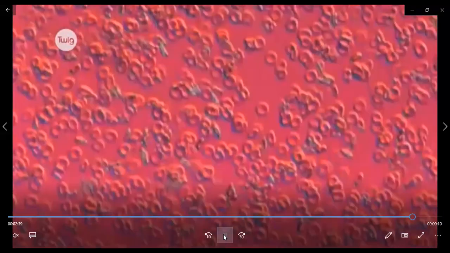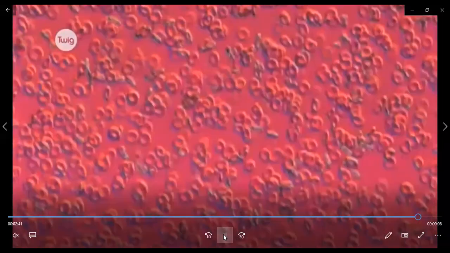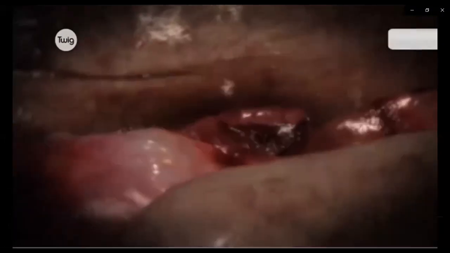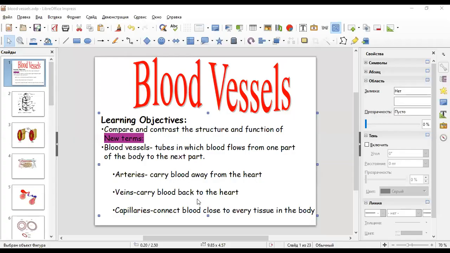It is another fluid of the blood. Red blood cells, a lot of them, 5 million in 1 cubic meter. This one is the heart. The heart is pumping. Okay, so that's all. Could you understand?